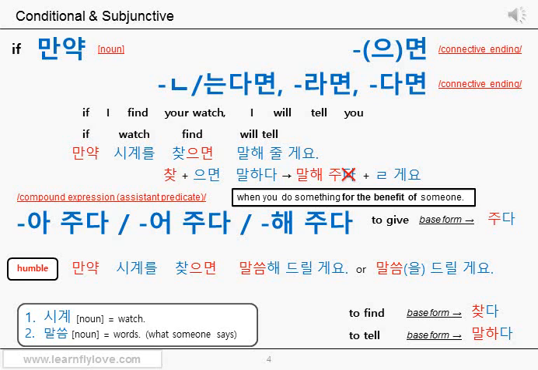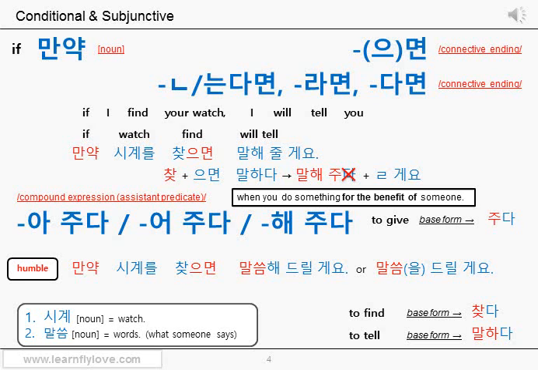This 말하다 is one of the noun plus 하다 verbs. The 말 part is actually a noun. This noun 말 also has a higher respect form, which is 말씀. But you don't use a higher respect form for yourself. That is correct.